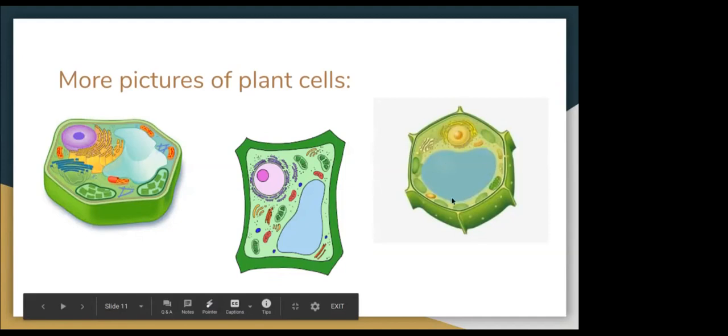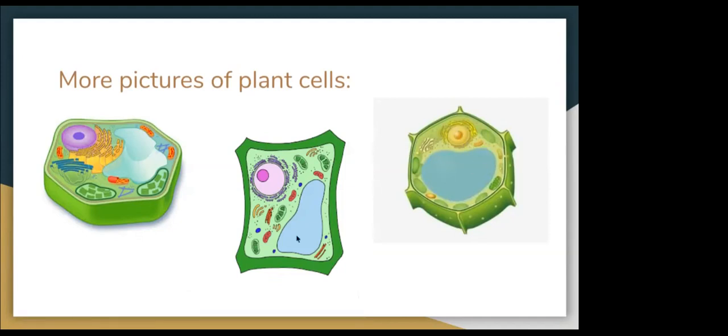The giant blue vacuole, which is full of extra water, food, and waste. That's storage for the cell. And of course, it's surrounded by the cell membrane and then the cell wall: the inner cell membrane and the outer cell wall that surround the cell and protect it.